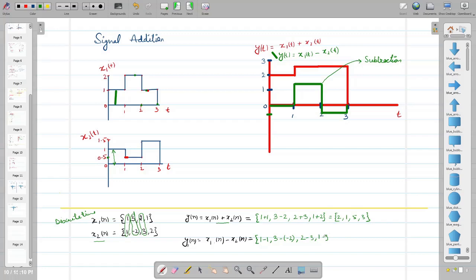So this kind of representation we are having here, and bracket close. So final result will be 0, 3 and 2 is 5, 2 minus 3 is minus 1, and 1 minus 3 is minus 2. So this is when we are operating discrete sequences.